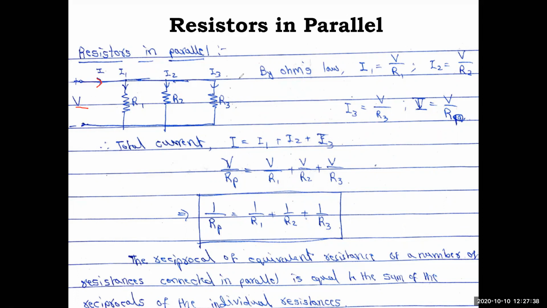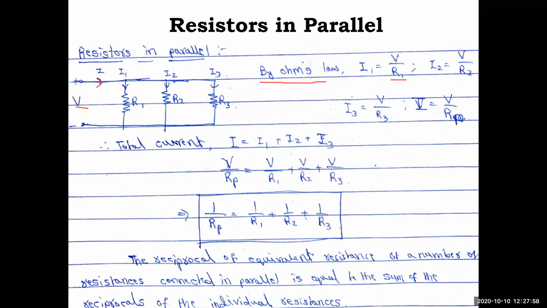Now you have to use the relation for I. Because I is changing here and V is the same, by Ohm's law I1 for the resistor is V by R1. In the series connection we wrote in terms of V, because V was changing and I was the same, so we used the equation V equals IR.